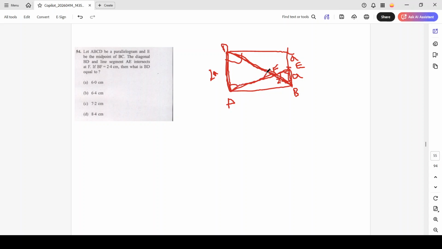So first of all, the side opposite to this angle is 2a. Similarly, the side opposite to this angle is a.